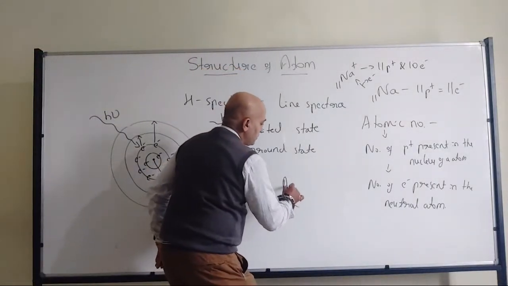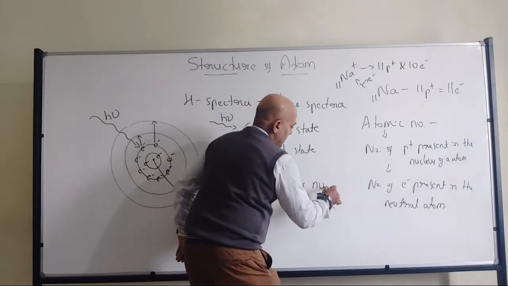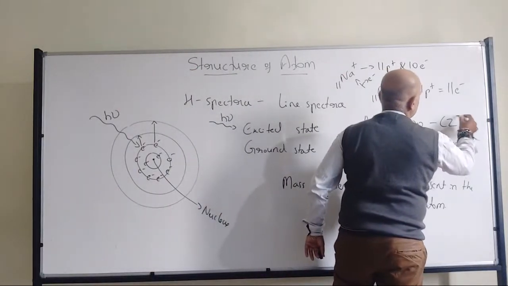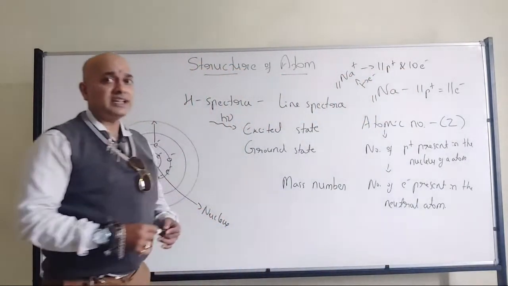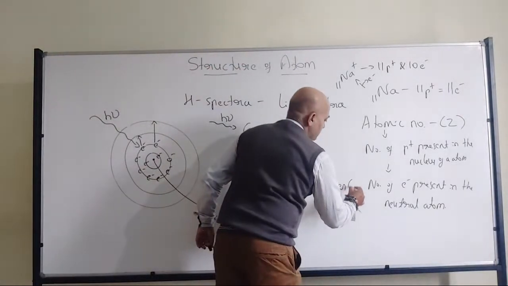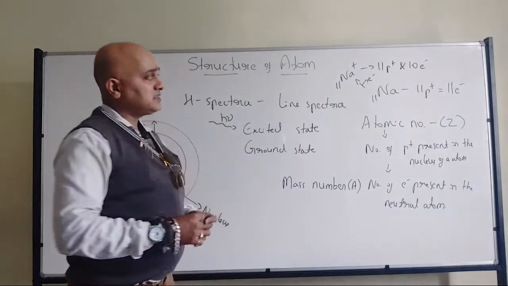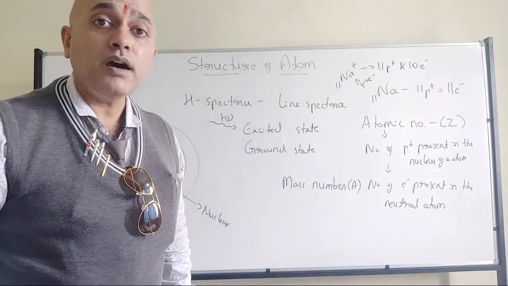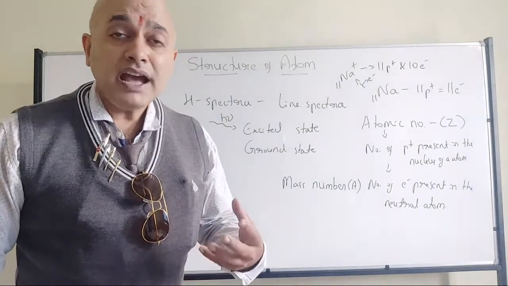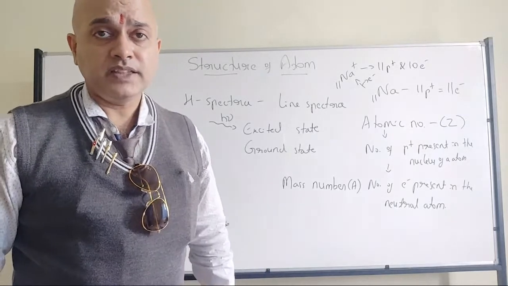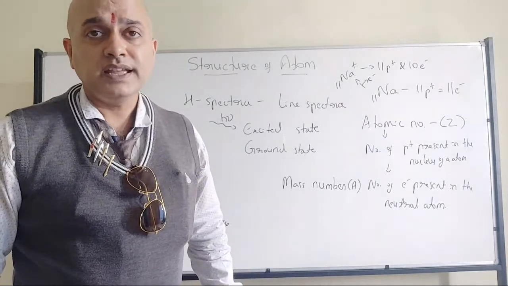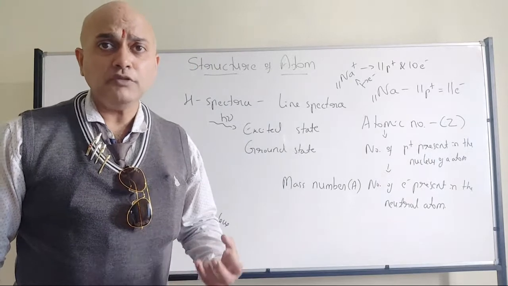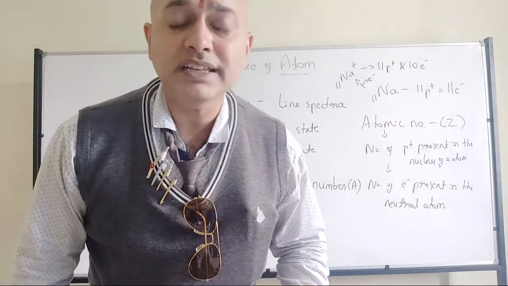Now, when I am talking about the mass number, the atomic number representation is Z, and the mass number representation is A. Tell me, where is the mass of an atom present or concentrated, in the nucleus or in the electrons?